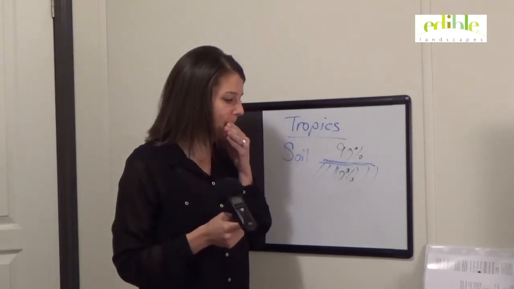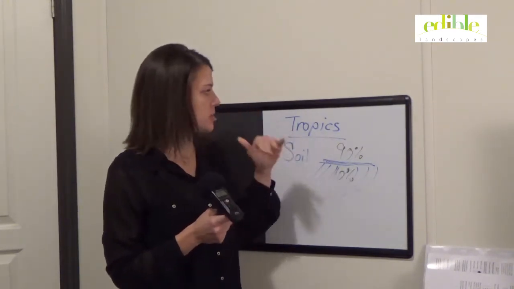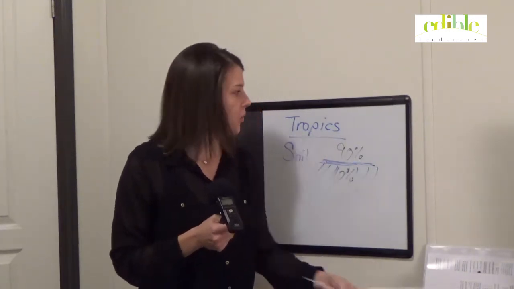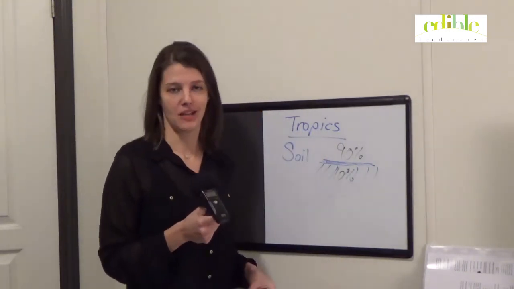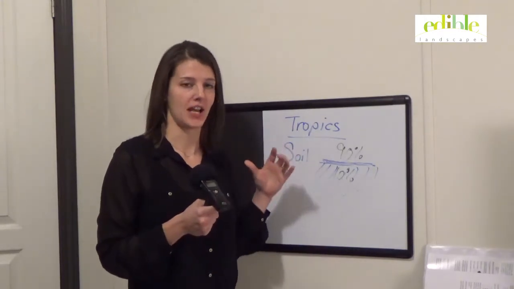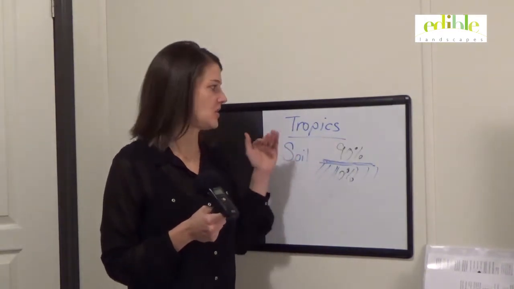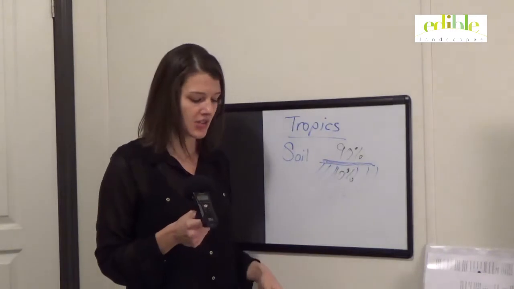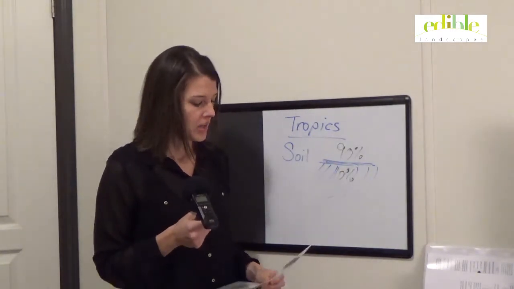So if we look at even just the difference between the temperate climate and the tropics, we don't want to move very many things from our design aspects of our temperate climate into the tropics. It's just not going to work.